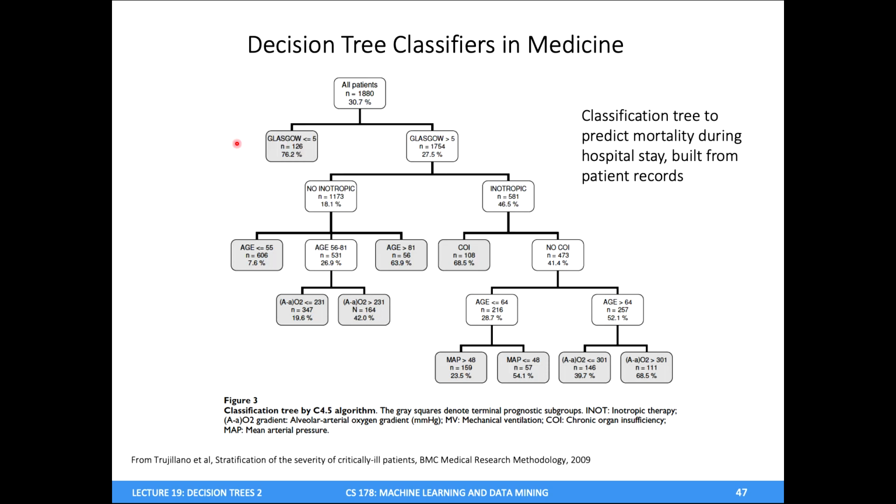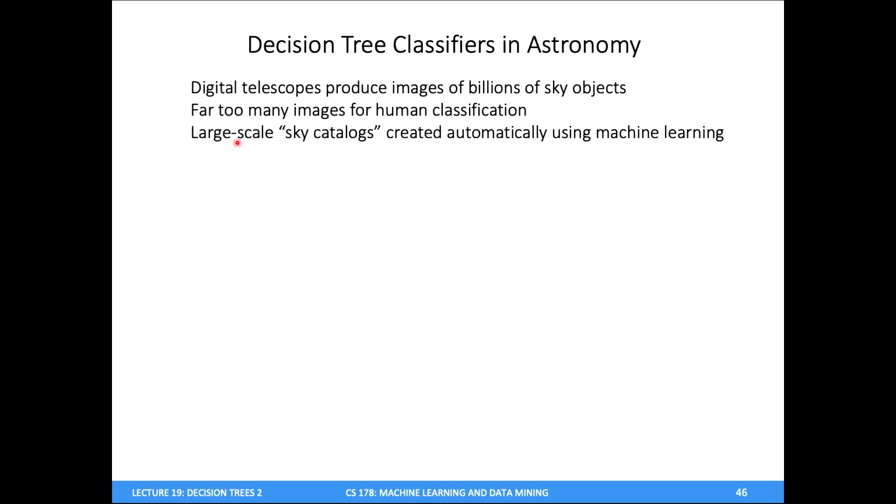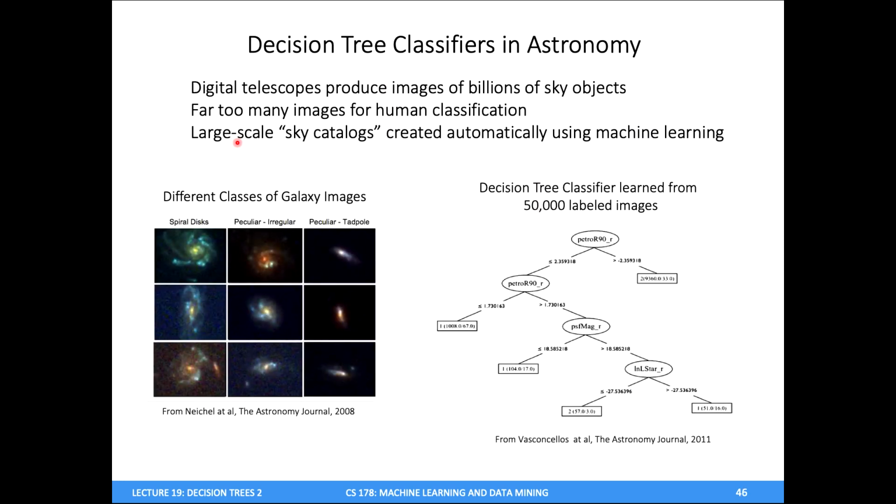Yeah, question? In this example, it's easy to interpret how the model is splitting. But in the previous example with the galaxies, what is it splitting on? In this case, I believe the features are handcrafted features extracted from these images.